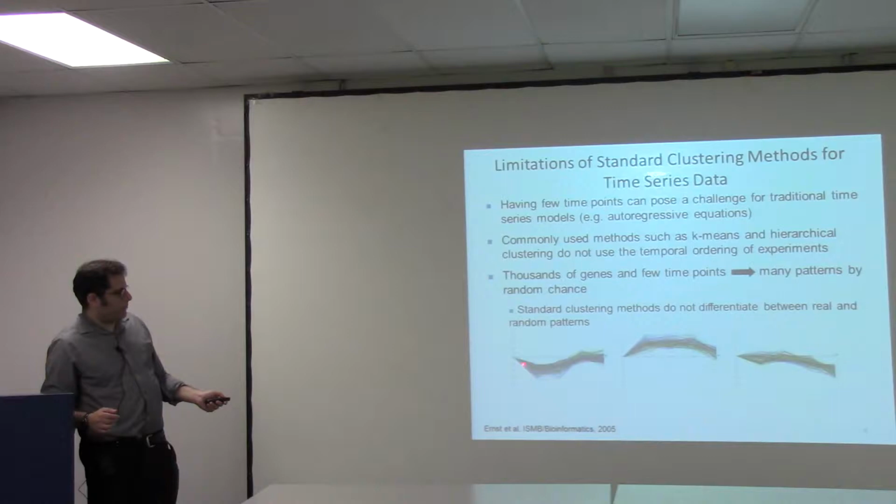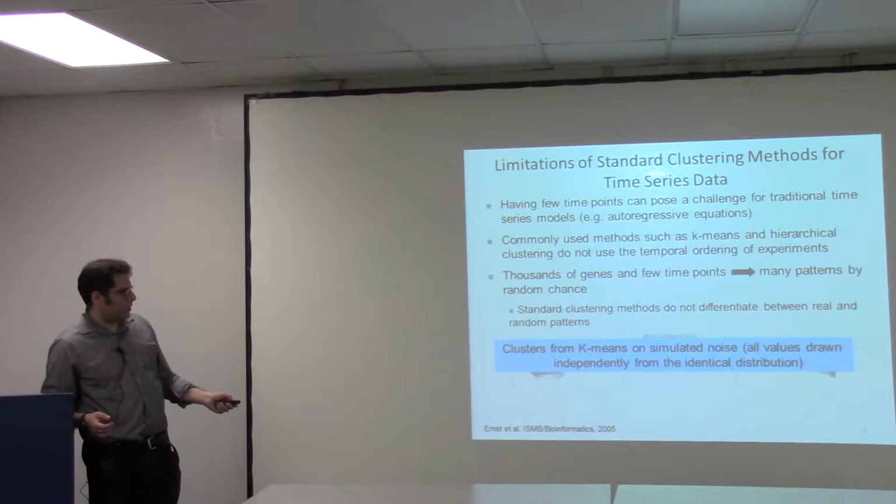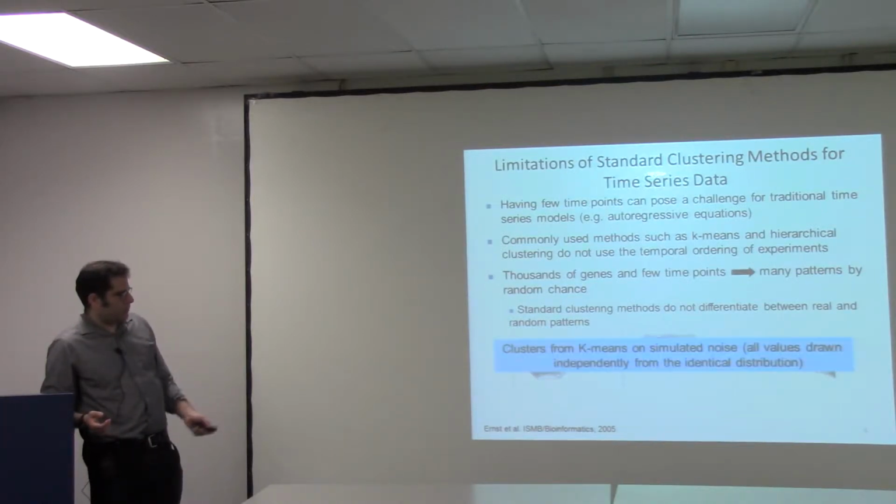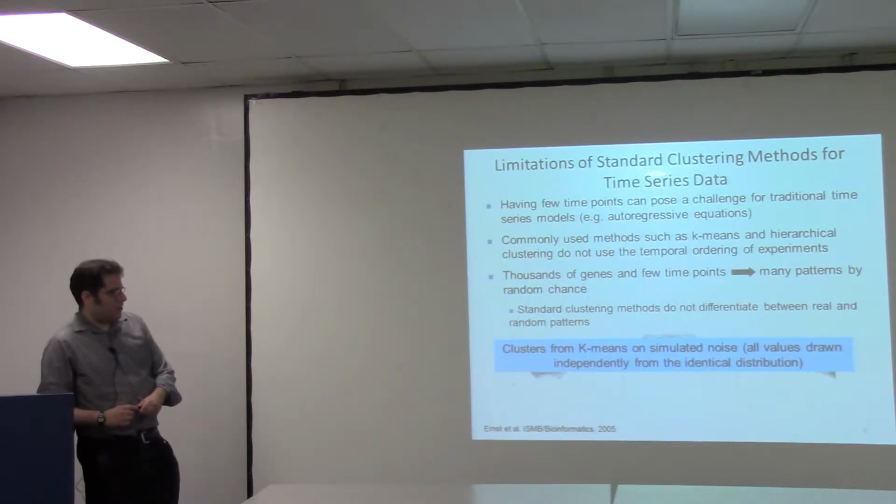And as I was mentioning, if you have thousands of genes and few time points, you're going to see many patterns just by random chance. What I'm showing you here might look like something interesting, like lots of genes have this pattern, but this was actually generated by applying k-means to simulated noise.